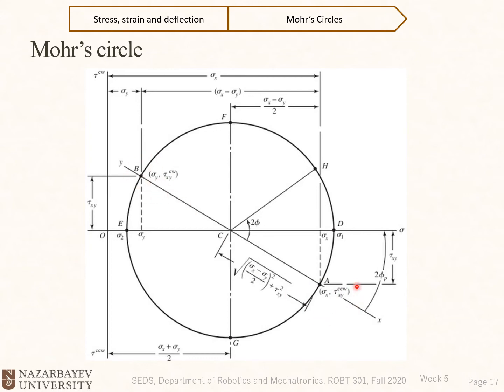So these are the normal and shear stresses on one side of the cube, and these are the normal and shear stresses on the other side. You could rotate the AB line to find stresses on other coordinate systems. You see the principal normal stresses, sigma 1 and sigma 2, on the x-axis.